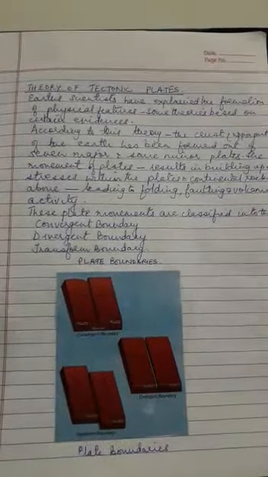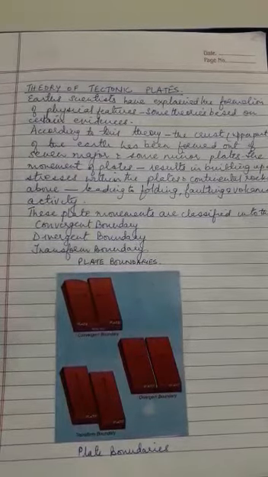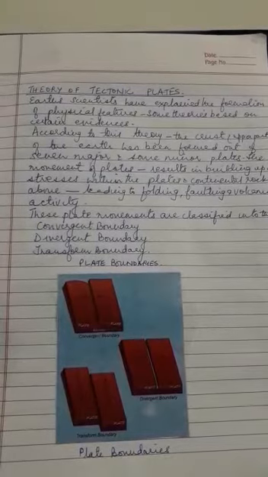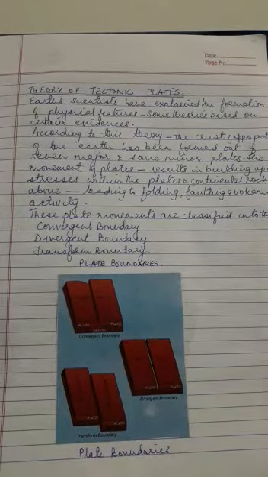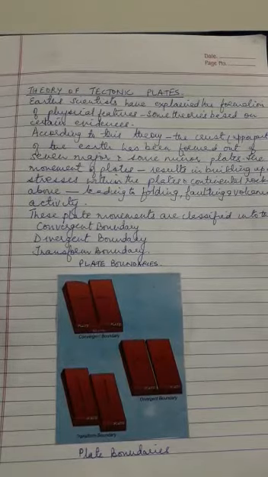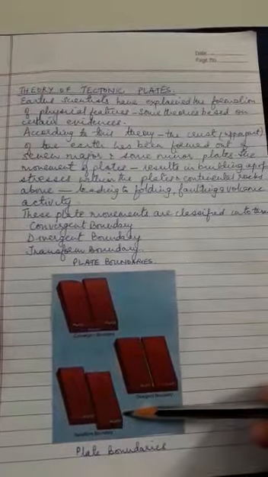So these plate movements are classified into three types: convergent boundary, divergent boundary, and transform boundary. Transform means when they are moving horizontally past each other, that is what we call a transform boundary.